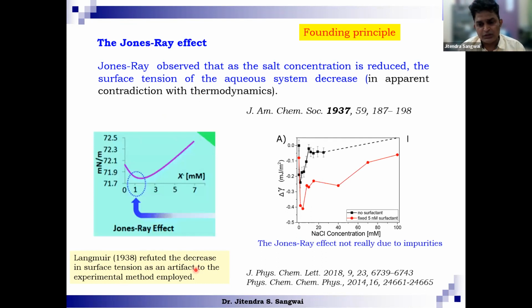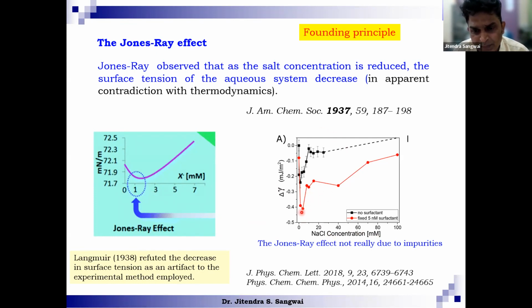And there are a lot of papers being published recently on this effect, where it has been found that impurities do not really impact the decrease in the surface tension of the aqueous system when you tune the concentration of the salt. Even some of the papers show that even if you add a surfactant, for example, the salt concentration still impacts the decrease in the surface tension of an aqueous system.